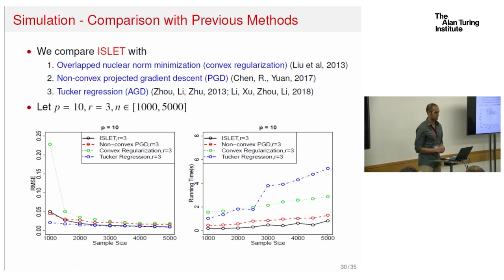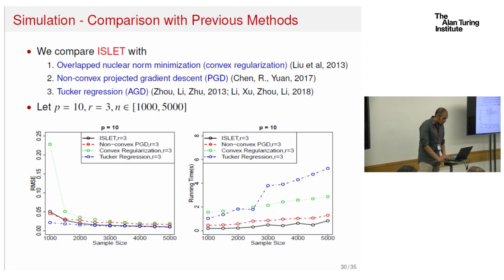I mentioned projected gradient descent, and then the other approach, due to Liu and others from 2013, is a convex regularization approach. There they use an ADMM SDP type approach, which works okay. And then there is the alternating gradient descent approach.